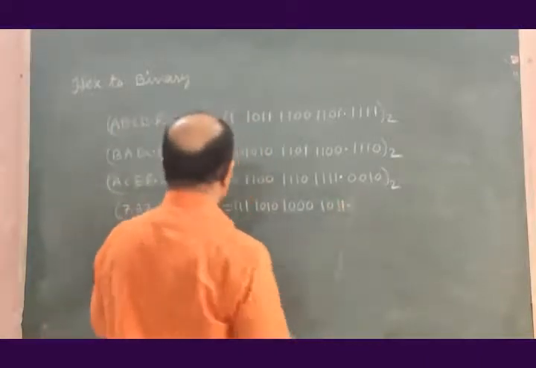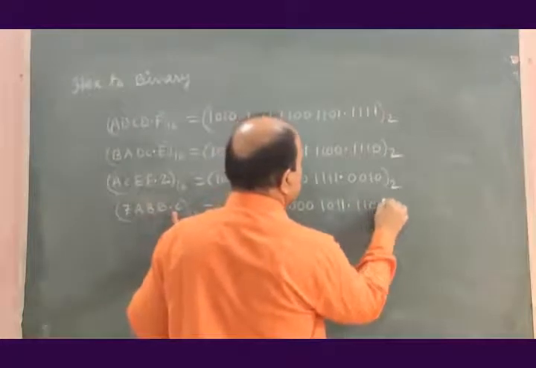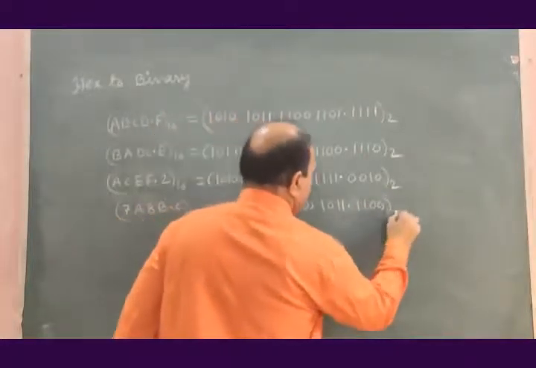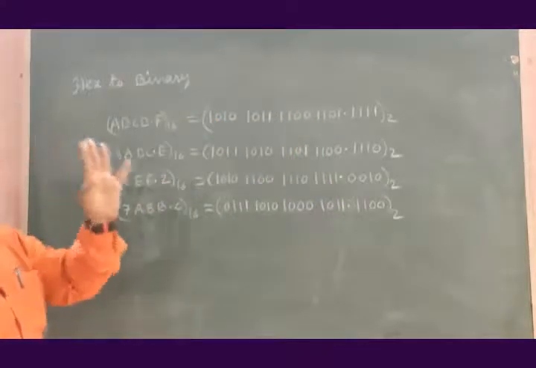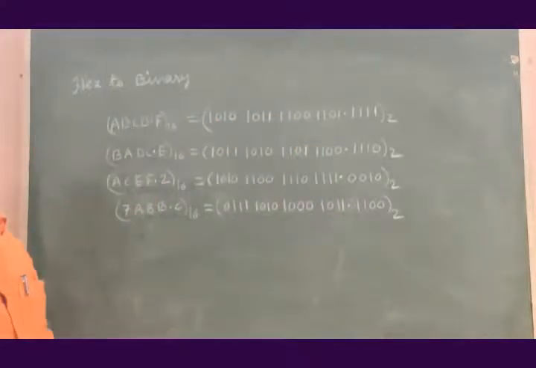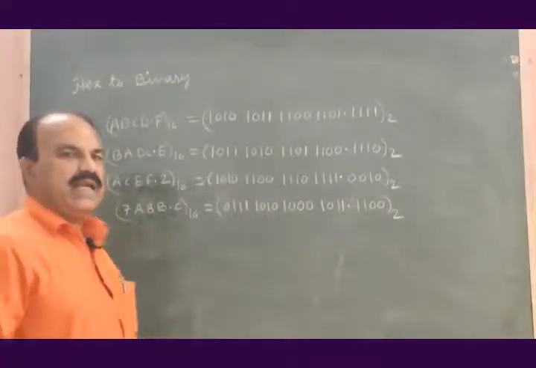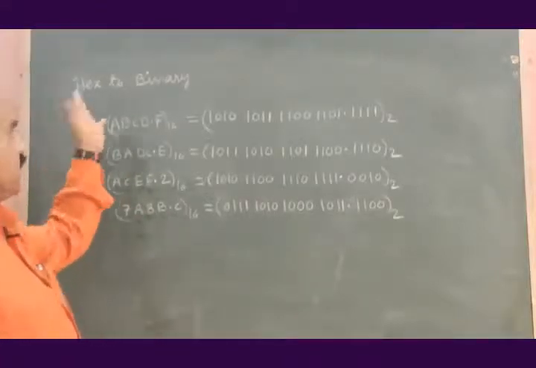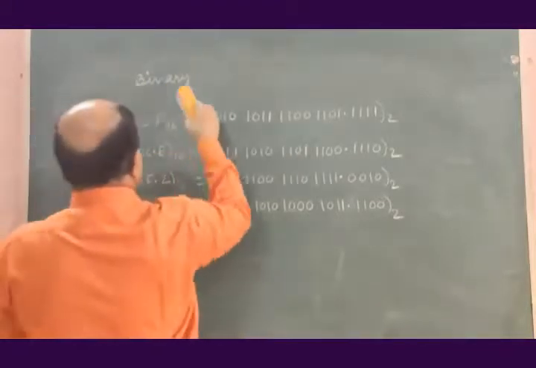Binary point. C 12, 1 1 0 0. This way we can convert any given hexadecimal number into its equivalent binary number. And the last conversion is the reverse of this, binary to hex.